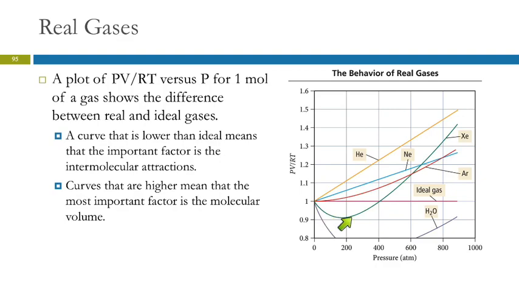Initially, it's interactions. And for water, it's all about the interactions. Water has a lot of interactions between the molecules. So you get that down to a lower temperature and well, it condenses is what it does. So for xenon, at these lower pressures, it's the interaction that's important, but at higher pressures, it's the volume of the particle that's important.